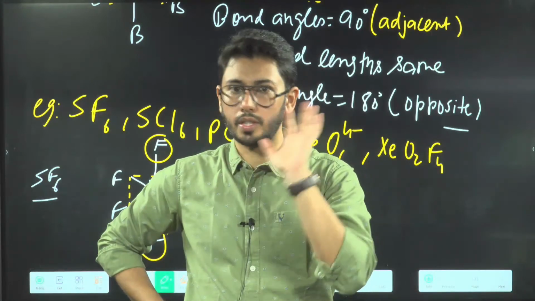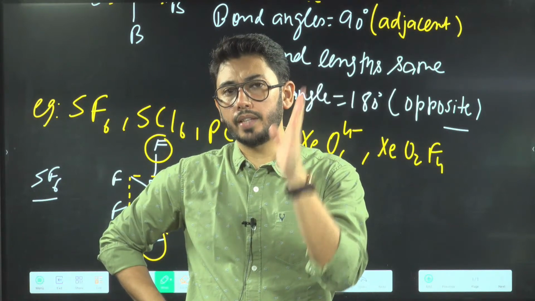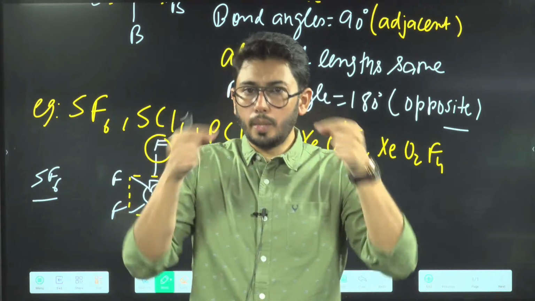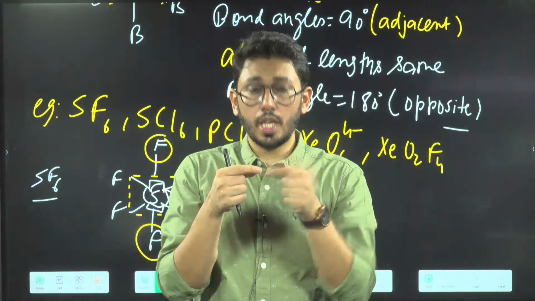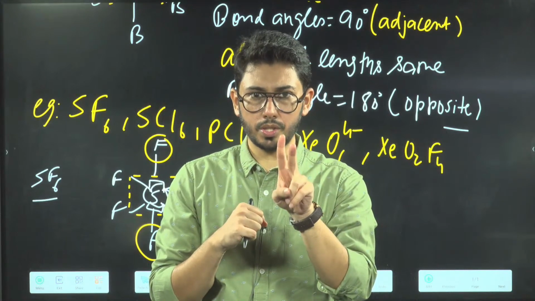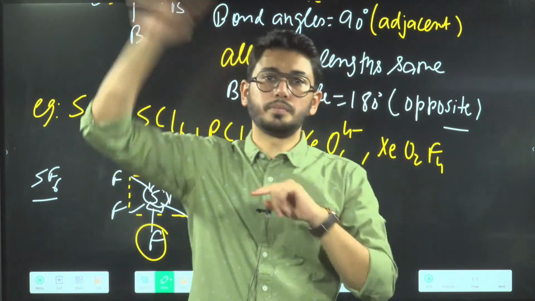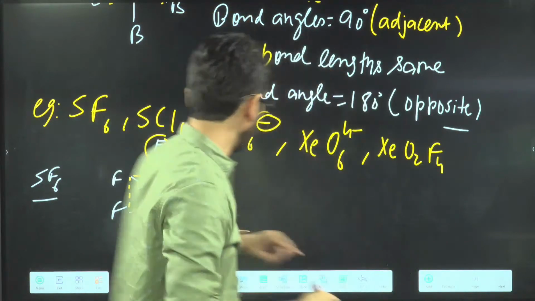Then total summation 6 oxygen. So you will remember, or you will put like this: xenon, 2 doubly bonded oxygens and 4 singly bonded oxygens, net charge -4, like this one.